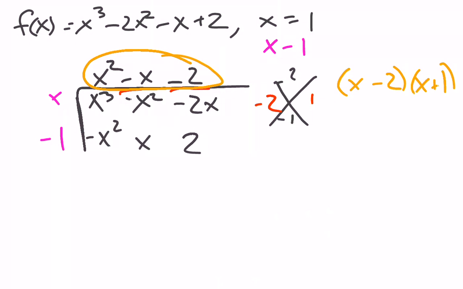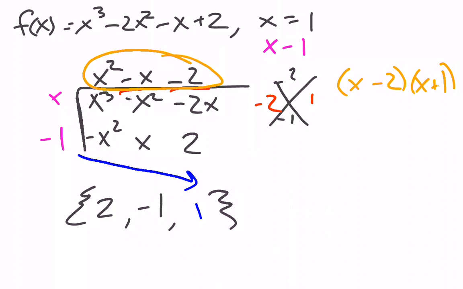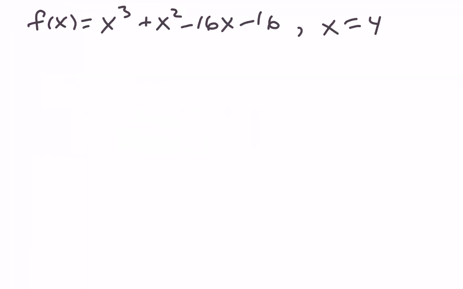And if I set each of those factors equal to 0, that means my solutions are positive 2, negative 1, and then I bring down my 1 that I started with. Technically, you could put those in number line order. I'm cool if you just write them down.